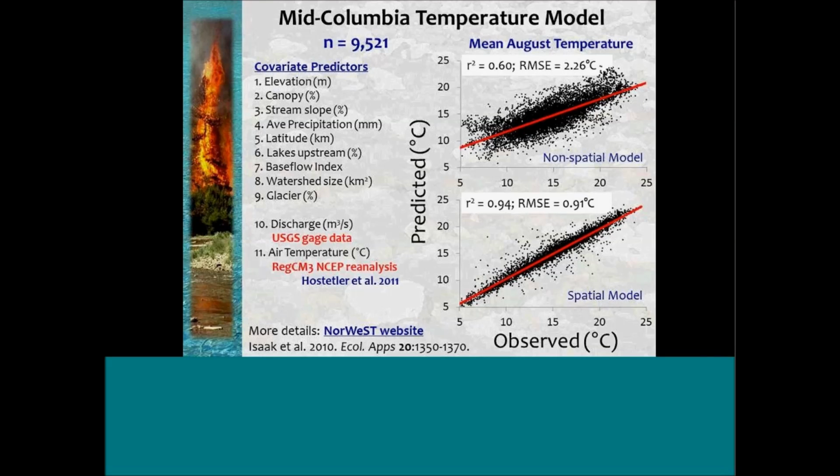To make those predictions, we're using a set of predictor variables there on the left. There are 11 of those that we use in each unit that we're working through, and these all come off of nationally available geospatial data layers. One of the other things that allows us to do this project is that a lot of the pieces are already built, so we don't have to reinvent the wheel.